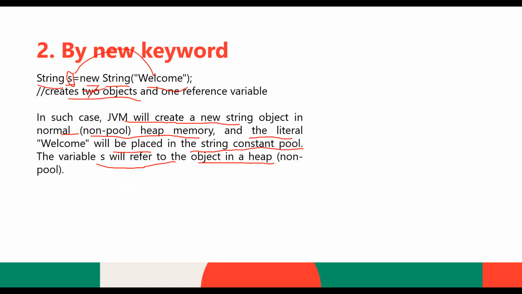But in this case the JVM will create a new string object in the normal, non-pool heap memory, and the literal welcome will be placed in the constant pool. So the literal, that is the welcome string, will be put into the constant pool, but the object is going to be created in the normal memory.